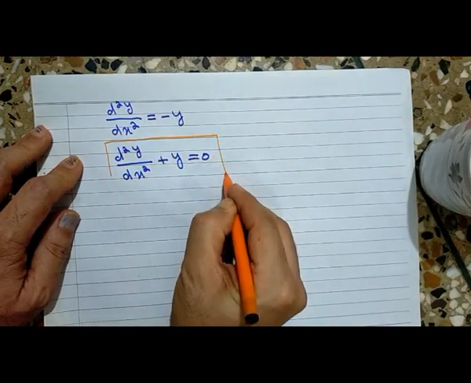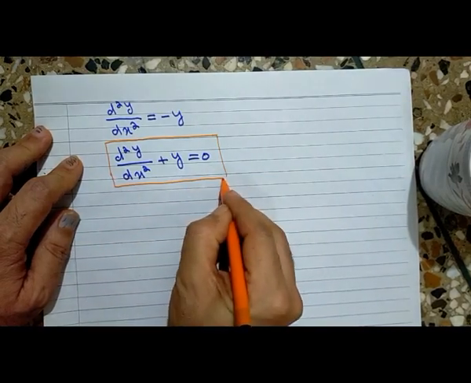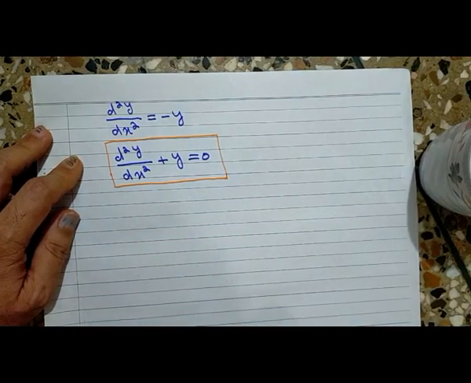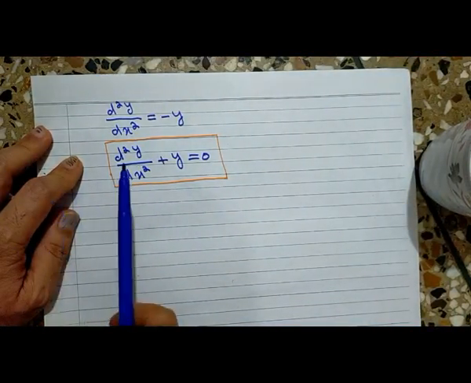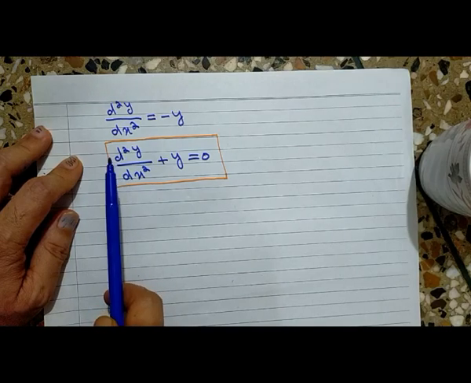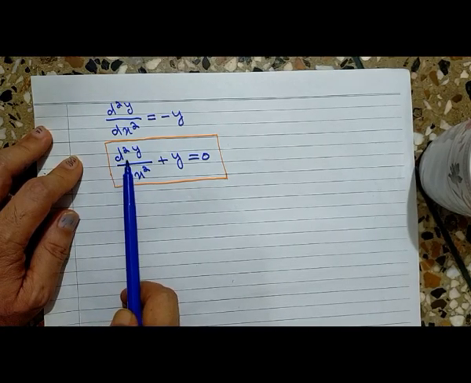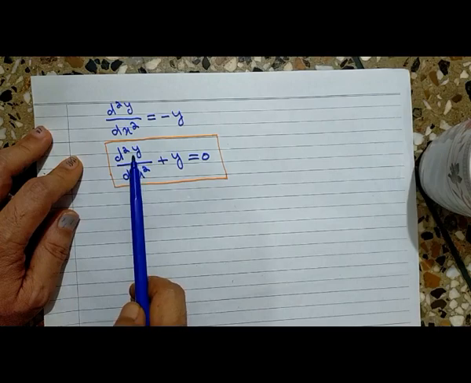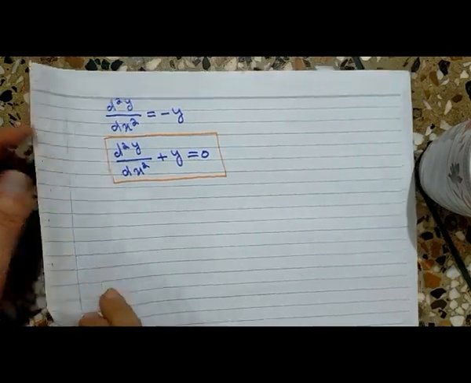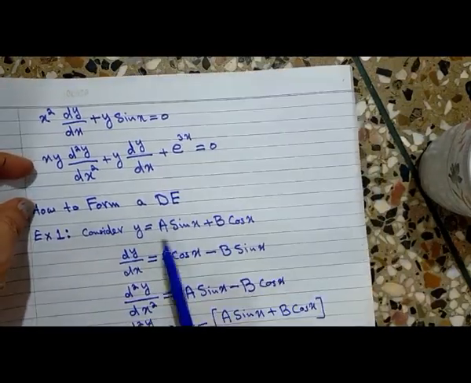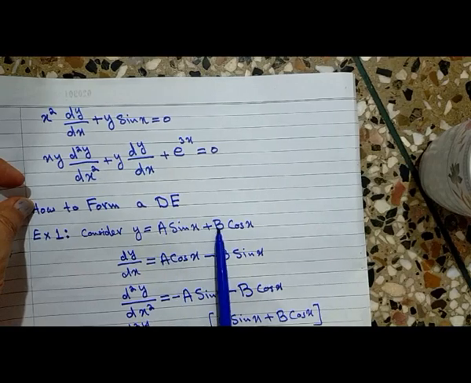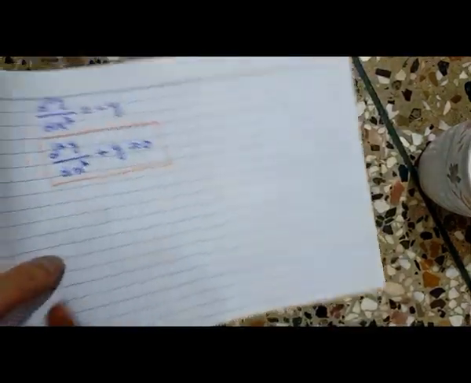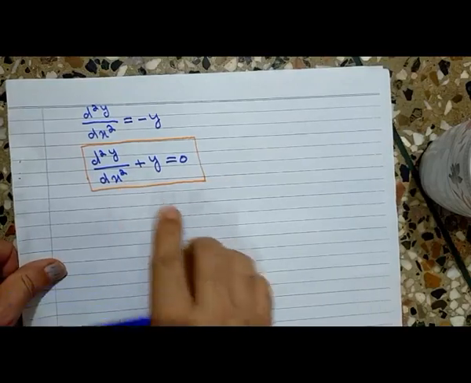I hope it will be visible in the video. Okay, so what we see is that after eliminating those two arbitrary constants, we ended up at a second order differential equation. The original equation was like this, and here you can see two arbitrary constants a and b, and the result is a second order differential equation.